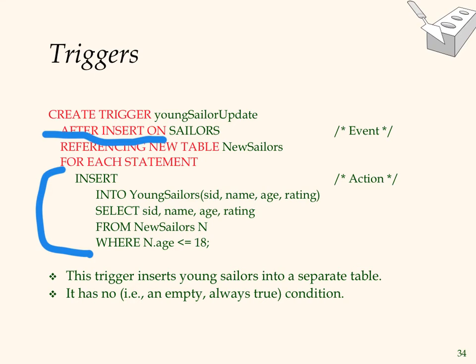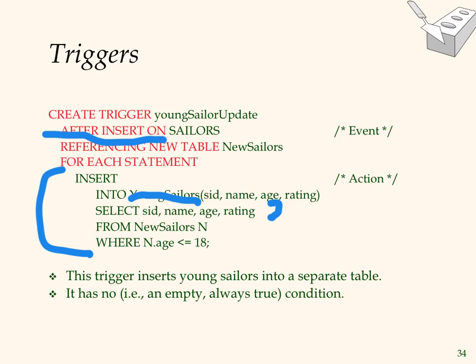And what does this query do? Well, it's more or less a standard SQL query. So it inserts into a table called young sailors, this one. And what does it insert into that table? Well, information about the sailors, sailor ID, name, rating, from the new sailors.